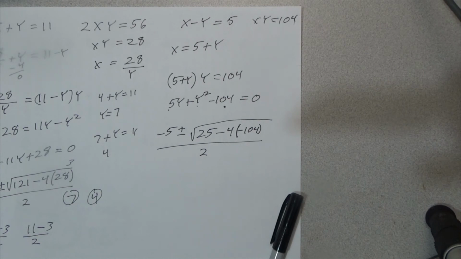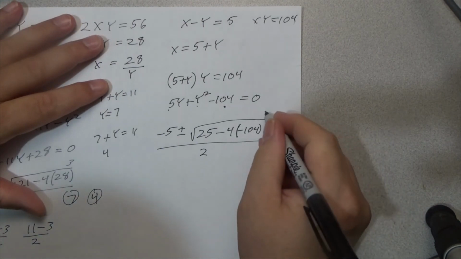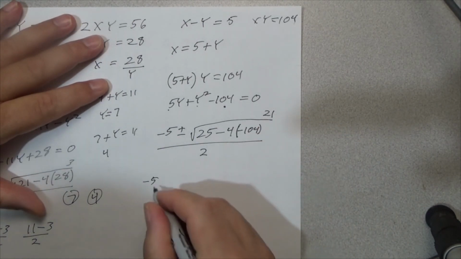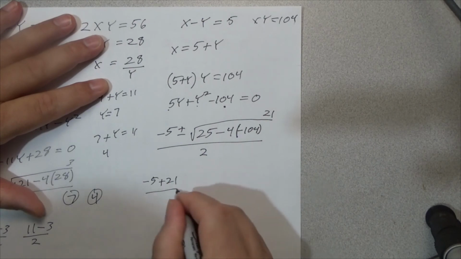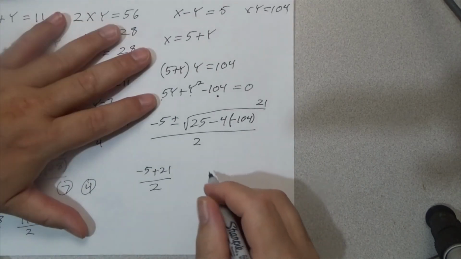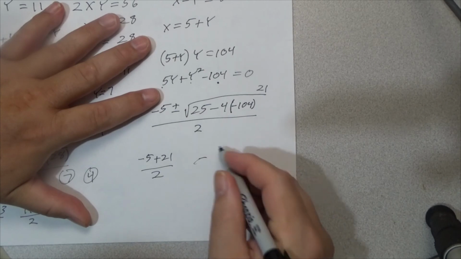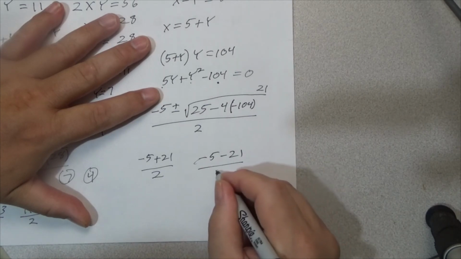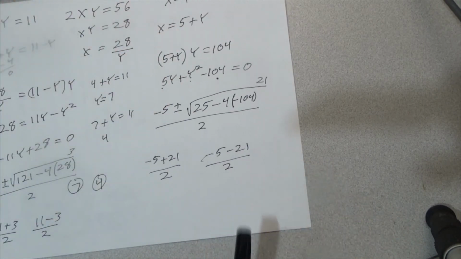Feeling kind of rad. 25 minus 4 times negative 104. Underneath the radical is 21. So that means I have a minus 5 plus 21 divided by 2 and a minus 5 minus 21 divided by 2.